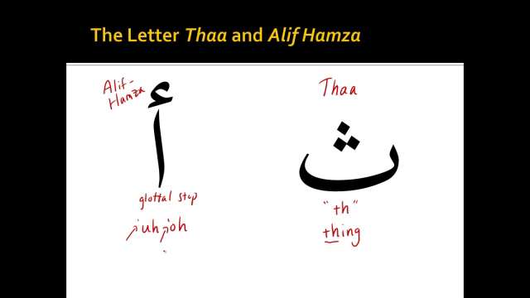And so we will be showing how you write the glottal stop or the Hamza with the Alif. Now it's important to notice here that there are 2 components to this Alif Hamza. There's the Hamza component and there's the Alif component.